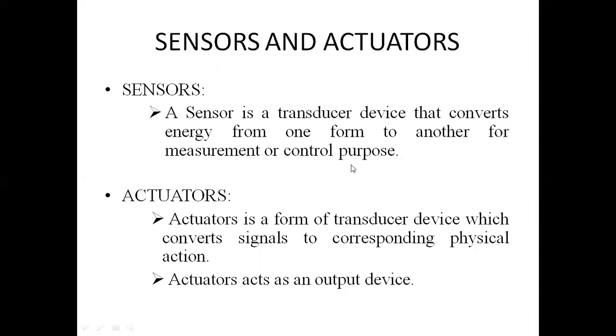For example, a temperature sensor is a device that collects data about temperature from a particular source and converts the data into an understandable form for a device or an observer.